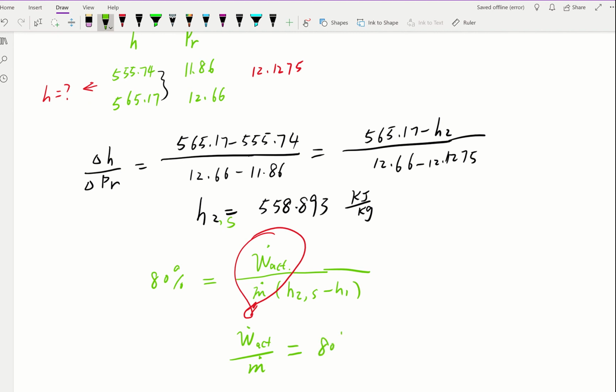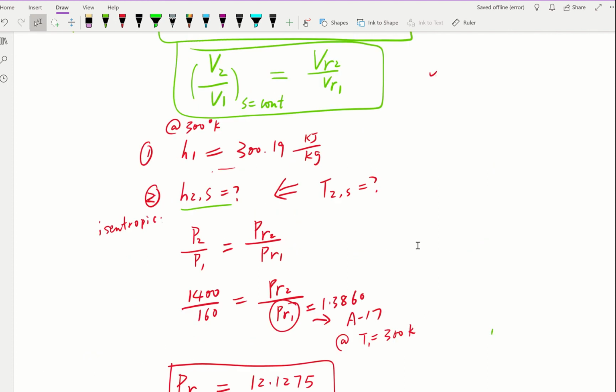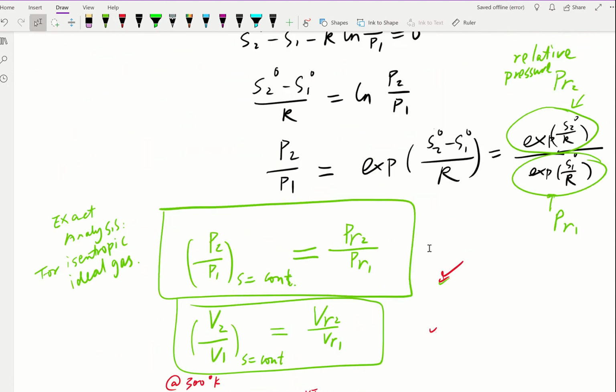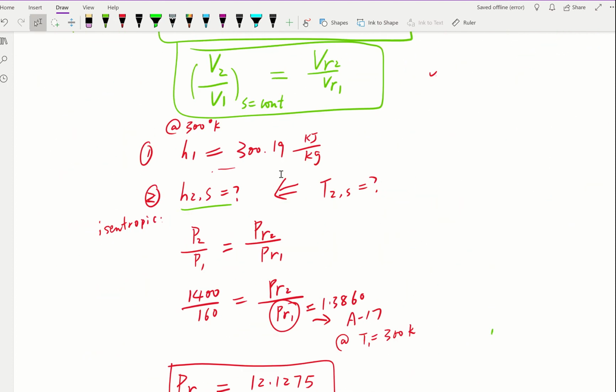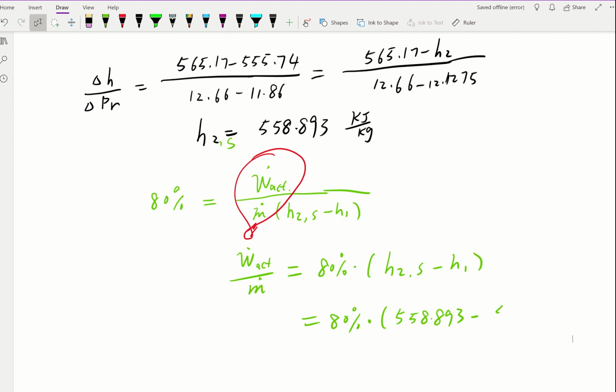That's going to be equal to our efficiency, 80%, times, if it's running isentropic, our H2S, which is 558.893, just found in the previous step. And our H1 is also an actual reading from your table, 300 Kelvin, through the ideal gas table, that's 300.19. And they give us the unit of kilojoule per kilogram.